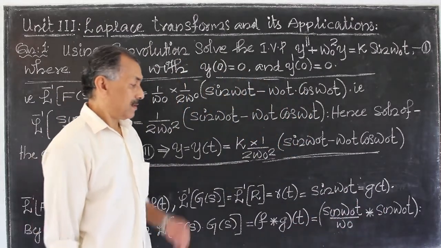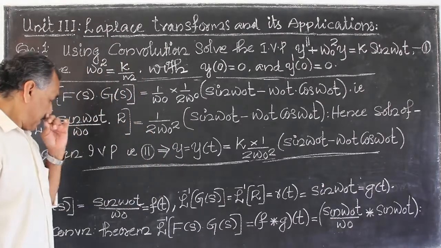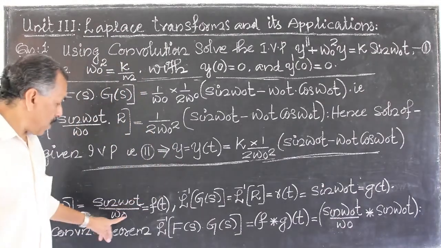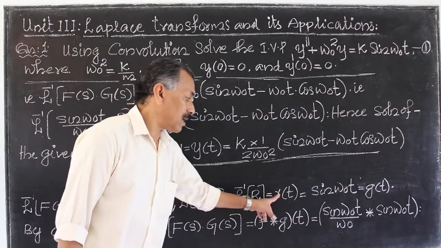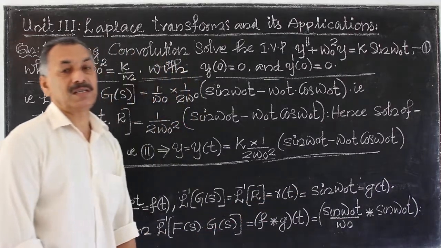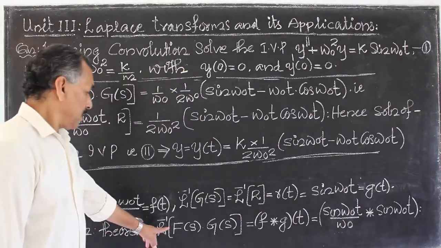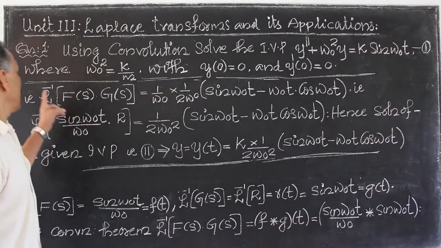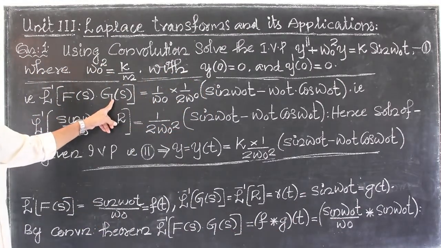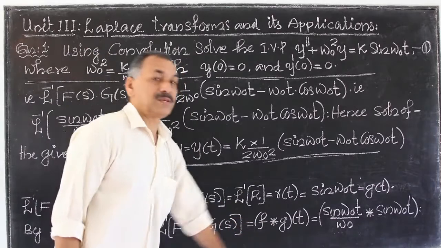See? F(s) corresponds to sin omega naught t by omega naught, and G(s) corresponds to r of t is equal to sin omega naught t. L inverse of F(s) into G(s) is equal to f convolution g of t.